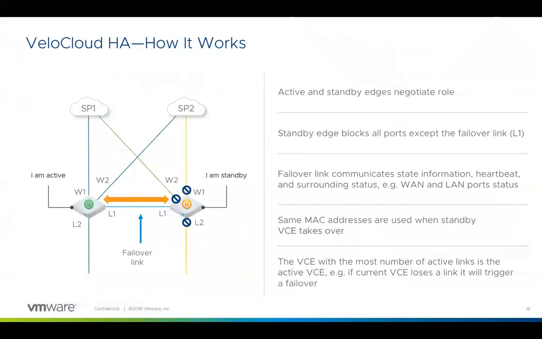And then there will be a virtual MAC address created for each of these interfaces, so that when the active goes down and the standby comes up, the standby would then send gratuitous ARPs on all of its interfaces to update the downstream devices and the upstream devices about the moving of the virtual MAC.